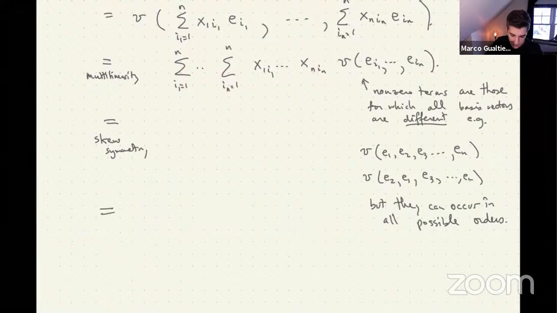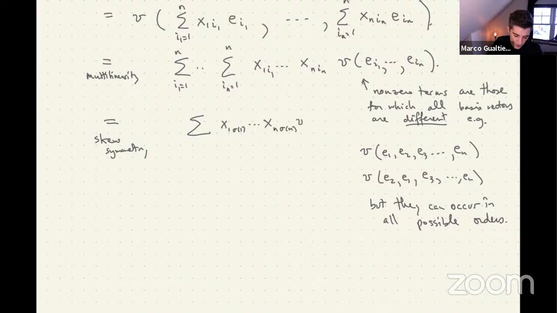So that means that let me write the skew symmetry like this. I'll simplify this. I'll say this is a sum of x_1σ(1) up to x_nσ(n) times V of the appropriate E_σ(1) up to E_σ(n), where σ is in S_n, the permutations on the numbers 1 to n.